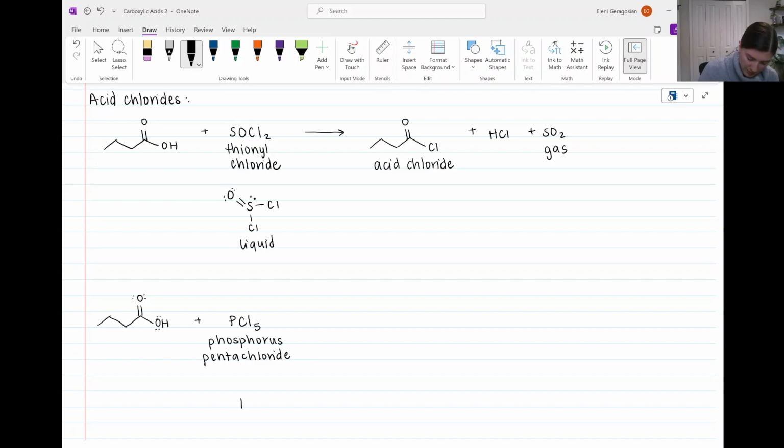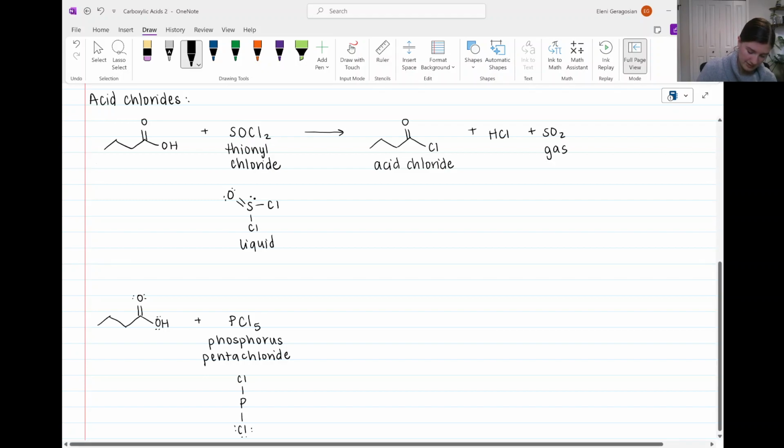Phosphorus is another atom with an expanded octet, and in this molecule, phosphorus is bonded to 5 chlorine atoms. So each bond is a single bond to phosphorus. This is a new geometry we haven't discussed.